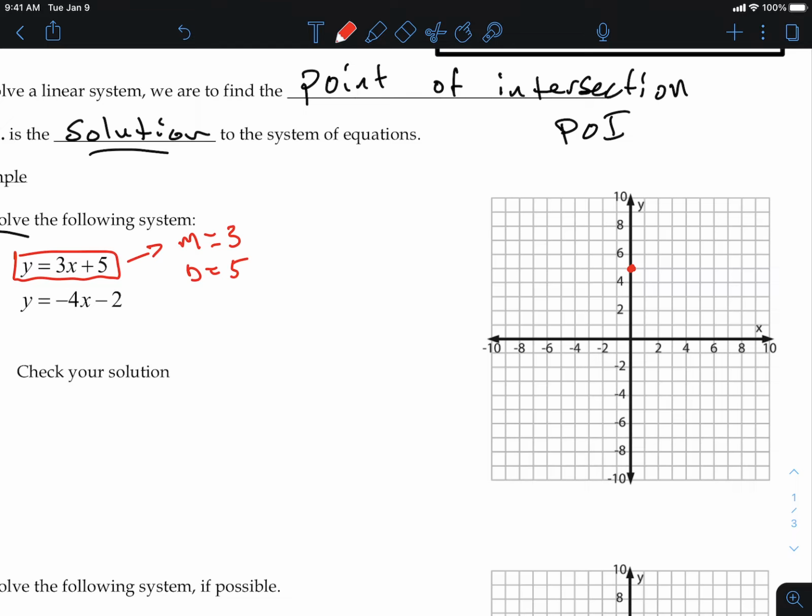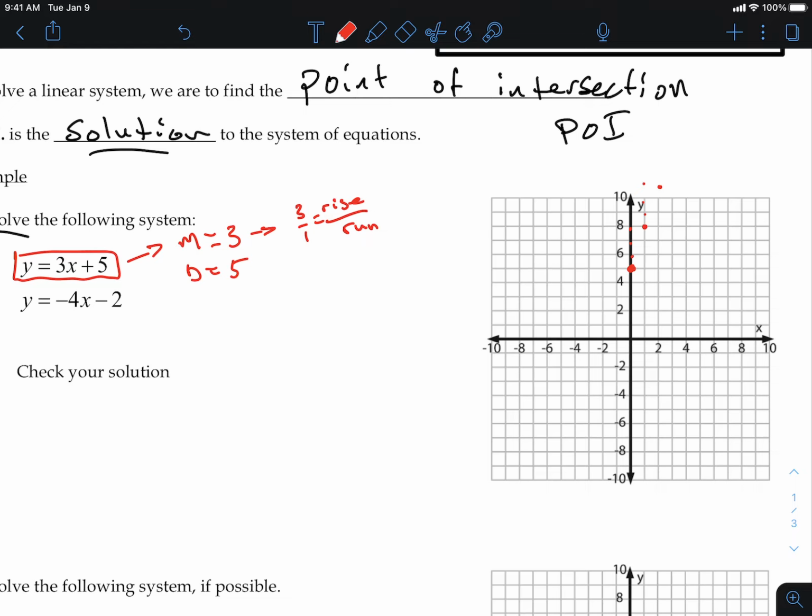Then my slope is 3 over 1, rise over run. So I'm going to go up 3, right 1 from that point. Up 3, right 1, up 3, right 1. That's about as high as I can go.